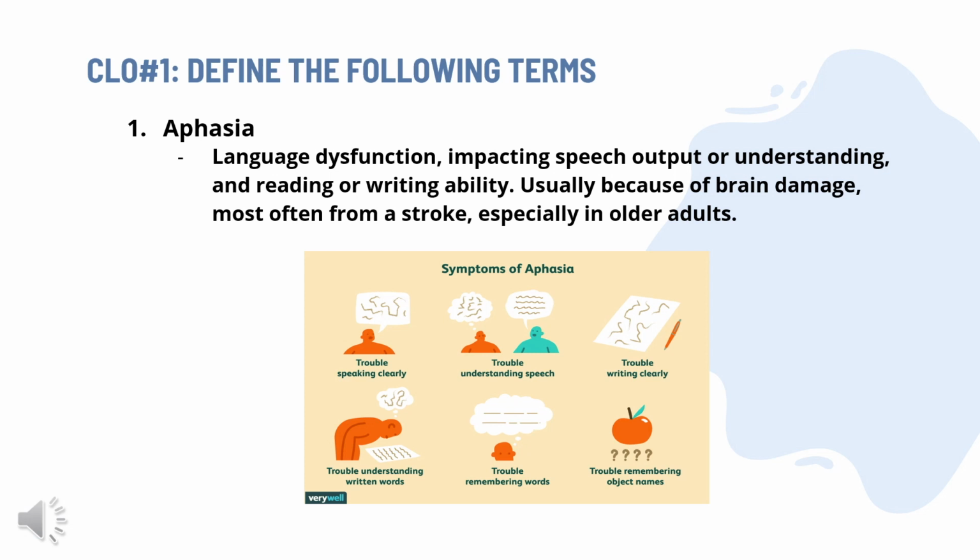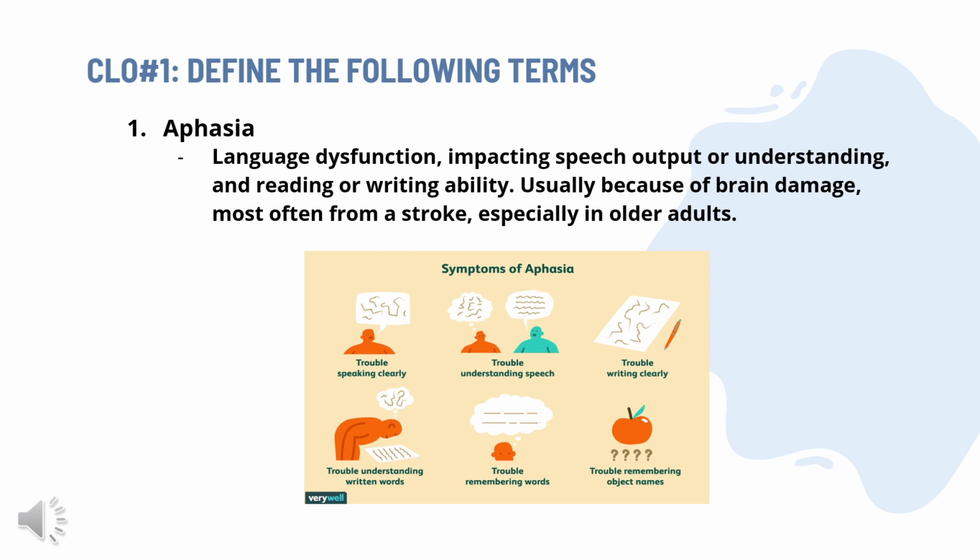CLO number 1. Define the following terms. Number 1 is aphasia. It is a language dysfunction impacting speech output or understanding and reading or writing ability. It is usually because of brain damage and most often from a stroke, especially in older adults.